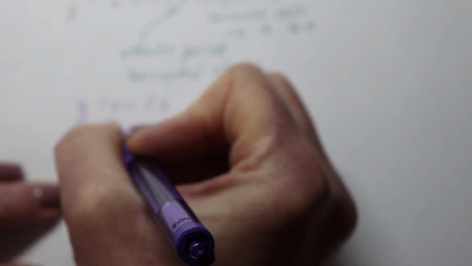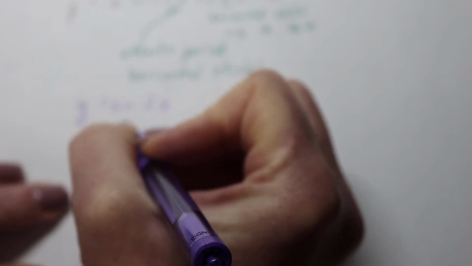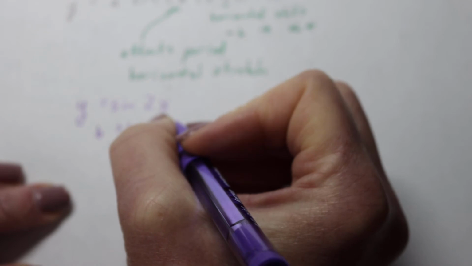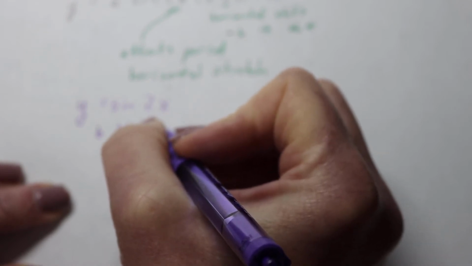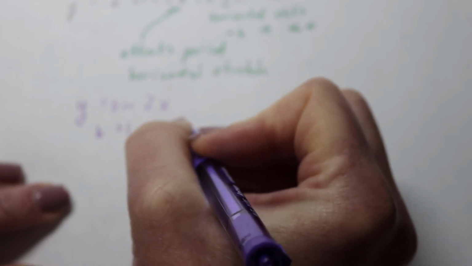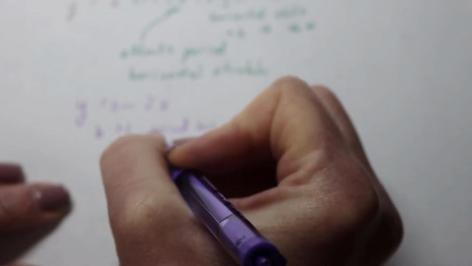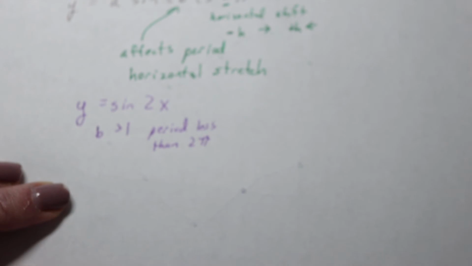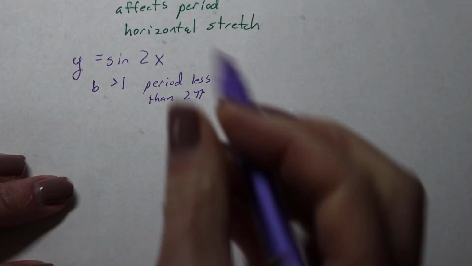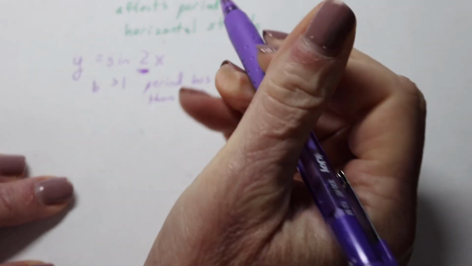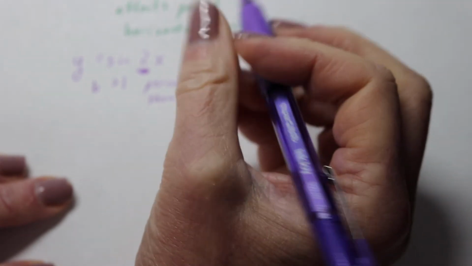If b is greater than 1, then the period is less than 2 pi. So the 2 tells me that I'm going to do 2 cycles in 2 pi.